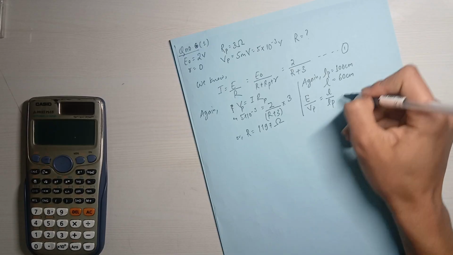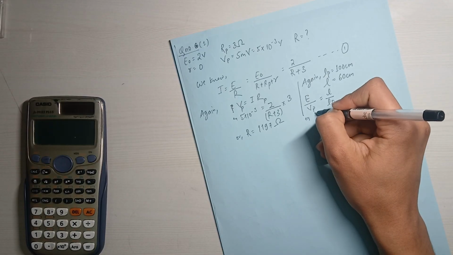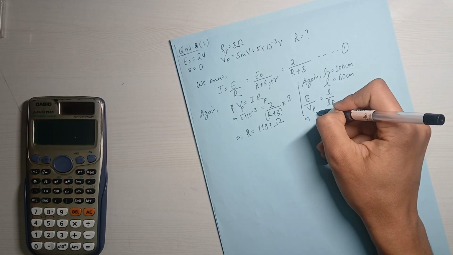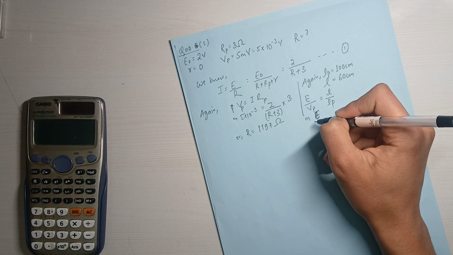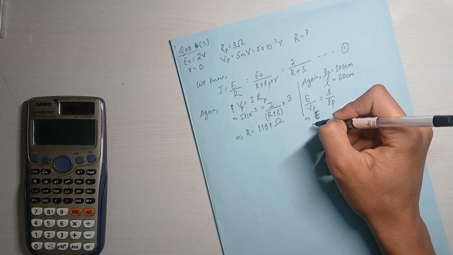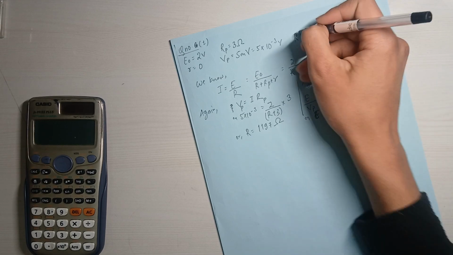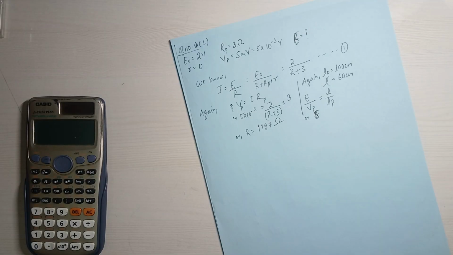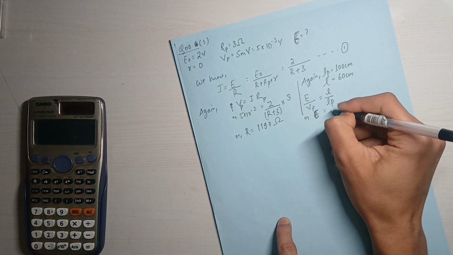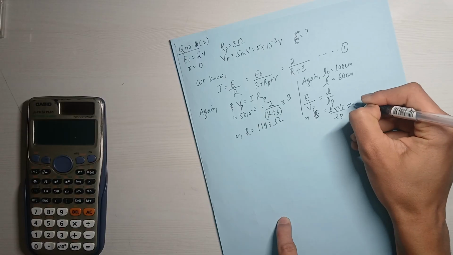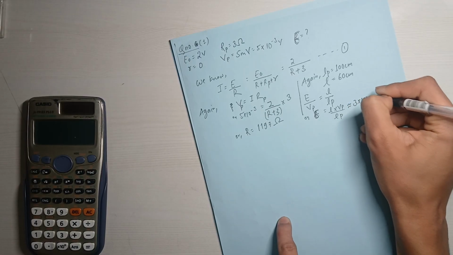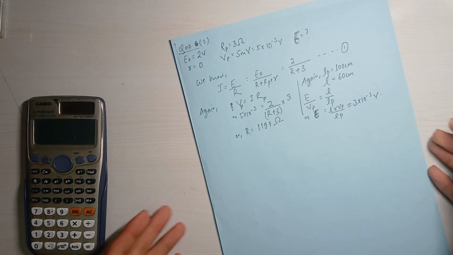We need to find the value of E. If you put all the values, the answer will come around 3 × 10 to the power minus 3 volts. This is how you do it.